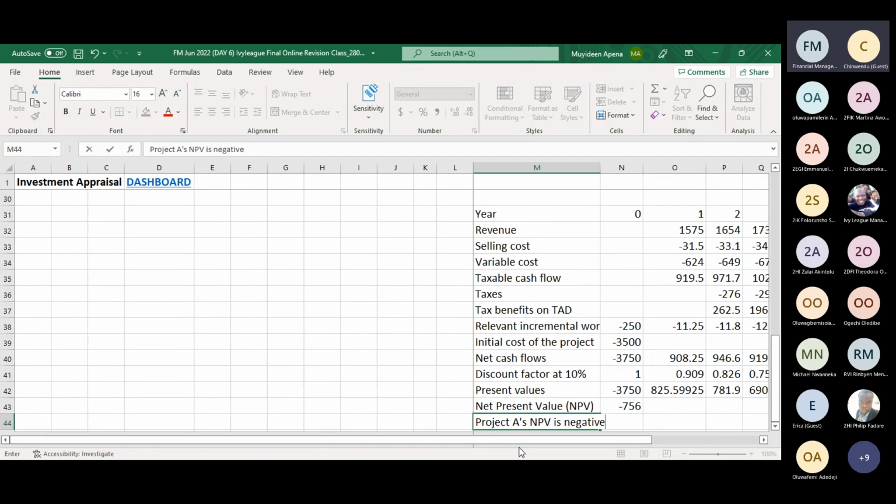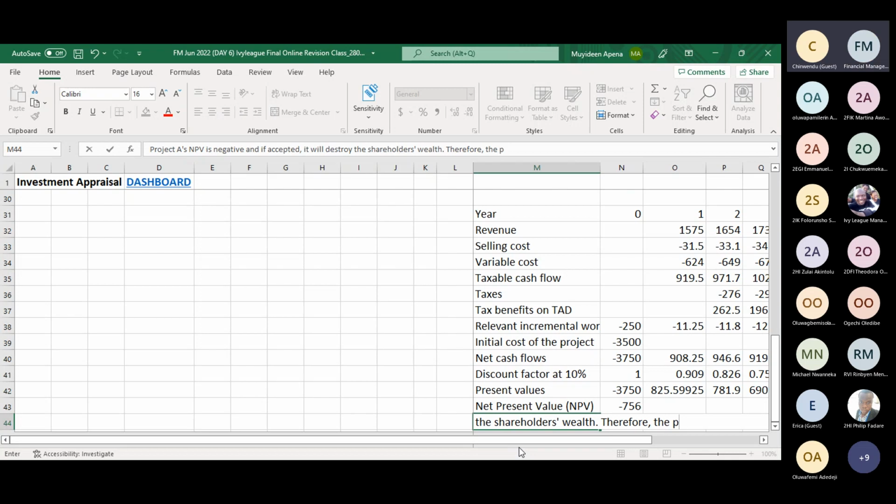So project A's NPV is negative, okay? And if accepted, what happens? It will destroy the shareholders' wealth. Imagine all the wealth they built for so long. What are you saying?